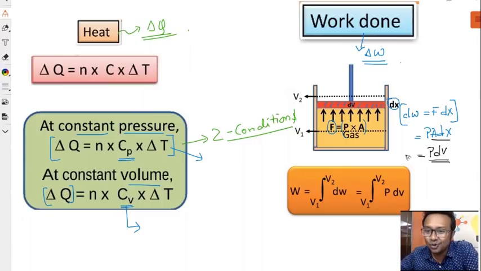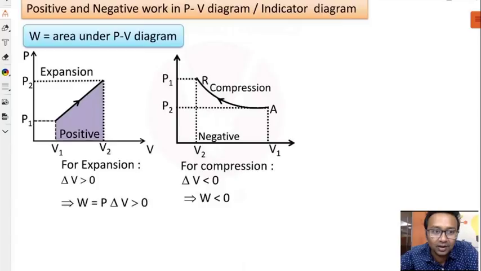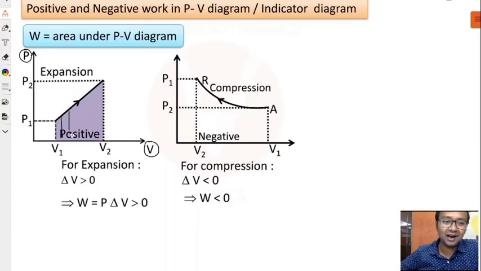Okay guys, so the work done for that small expansion is P dV, and the total work done, if you have to find out, you use the integration from initial volume to final volume and you will get your work done, students. Now there is a very nice way of calculating the work done here. Work done, in a pressure-volume graph, is the area under the curve.